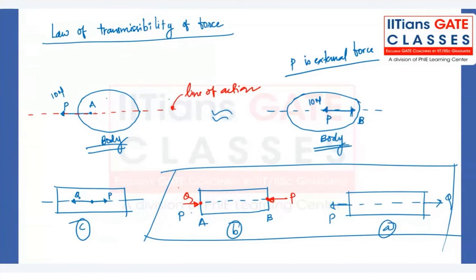If you consider this beam AB, forces P and Q produce tensile force, while in figure B they are producing compressive force, and in figure C, if the magnitudes are the same, there is no internal force.